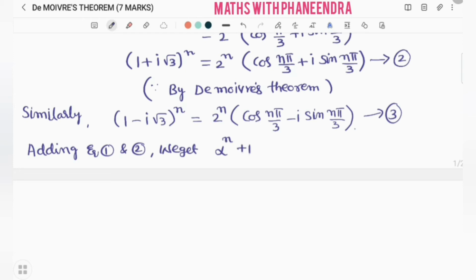alpha power n plus beta power n, that also equal to 1 plus i root 3 whole power n plus 1 minus i root 3 whole power n.